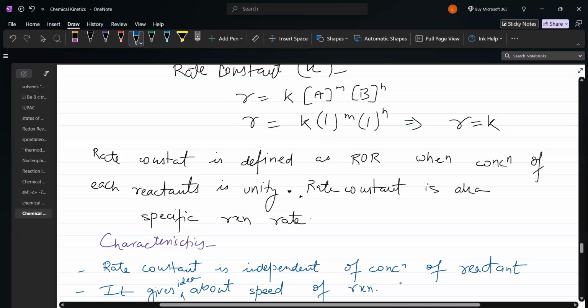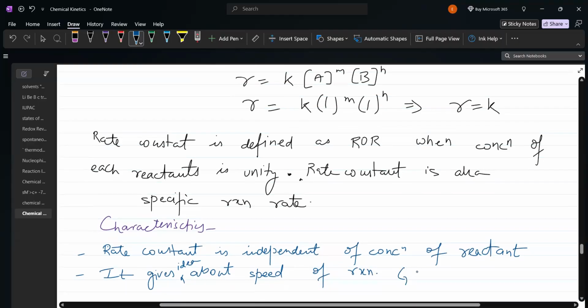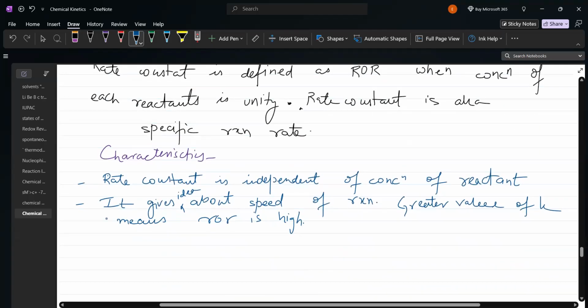A greater value of K means the rate of reaction is high, and vice versa. K, the rate constant, changes with change in temperature.